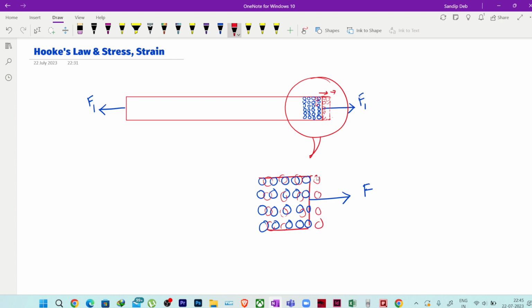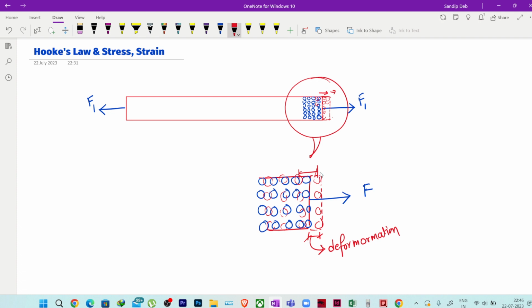In that case, due to the displacement of the internal molecules, we will see some deformation. So here you can see this is the deformation that we can observe. We may not observe it by open eye, but this kind of phenomenon may happen, because these molecules are displacing from this point to that point.